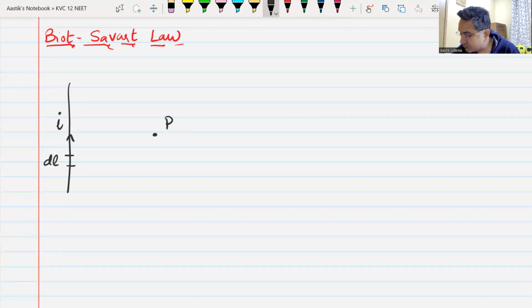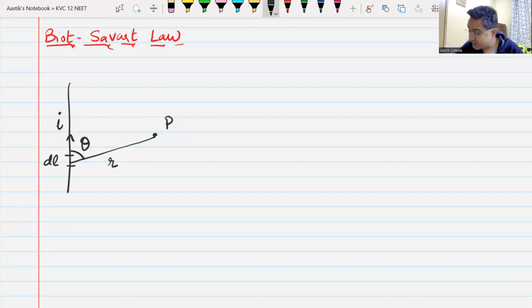And then we have a point P whose distance from this current carrying element is r. And the angle between this current carrying element, because it is a vector, and this r vector, this r is also a vector, is theta.